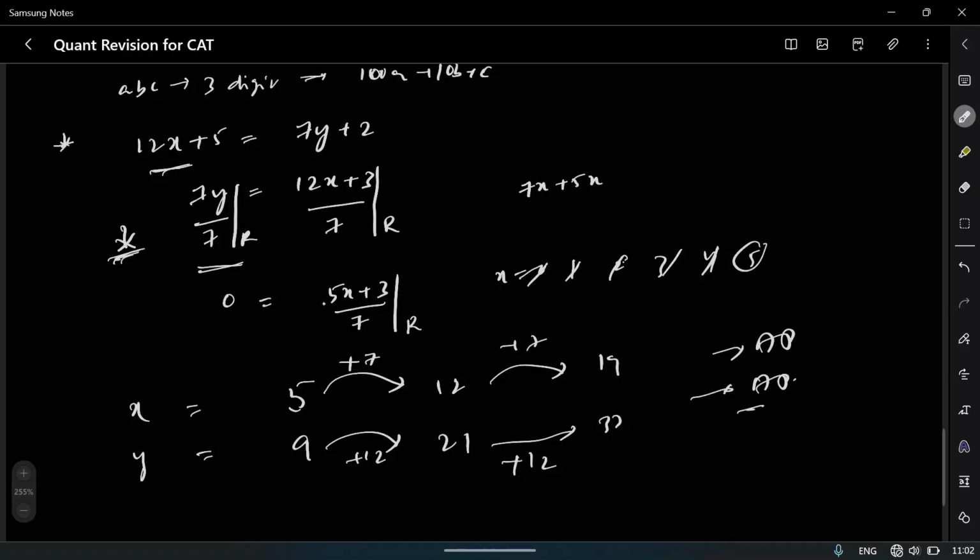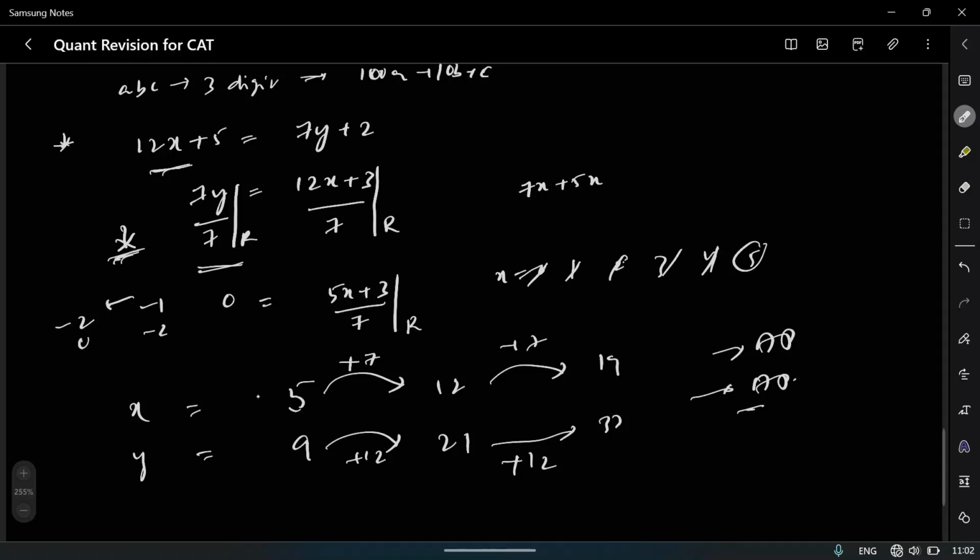What if we put x equals minus 1? We get remainder minus 2. If we put x equals minus 2, we get remainder equal to 0.